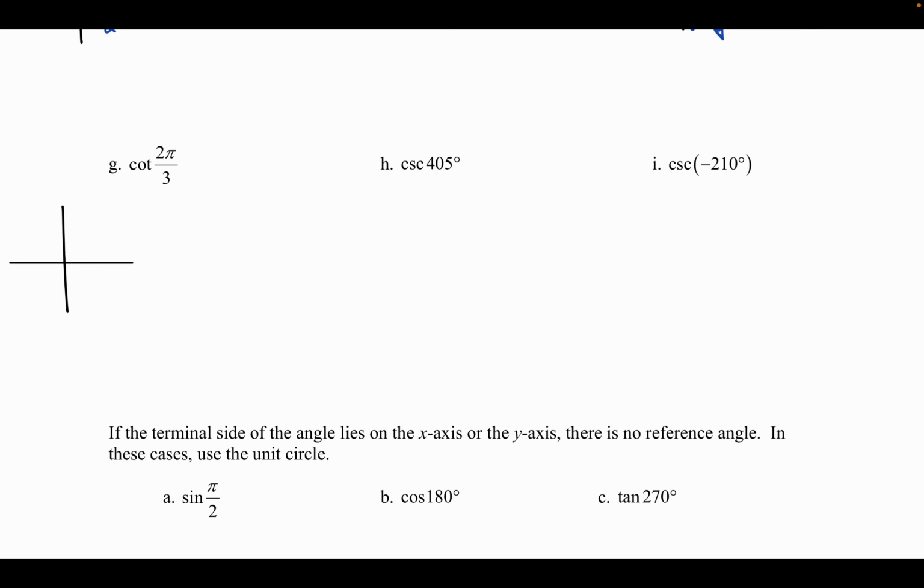Reference angles are all about making angles with the x-axis. Make a triangle with the x-axis. So here our reference angle would be 60 degrees. This would be -1, 2, square root of 3. Cotangent is going to be, that's x over y, so it'll be -1 over square root of 3, which will end up being negative square root of 3 over 3.